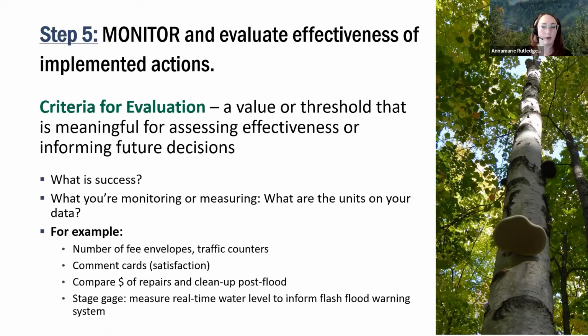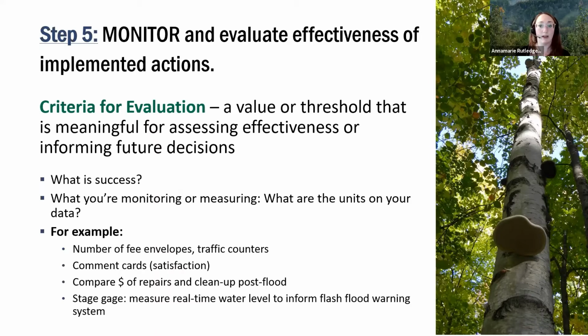So they plan on counting fee envelopes as well as traffic counters at various areas to document user numbers. They also plan on using comment cards as a way of measuring user satisfaction or enjoyment. They are planning to compare the costs of the repairs and cleanup post-flood before and after the infrastructure changes.